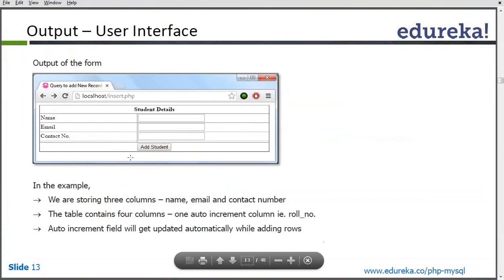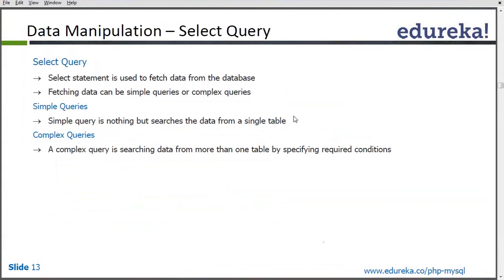Okay, so it was all about insert. Our next slide, slide number 14, is about selecting records from the database. Till now we have learned that we can insert into the database.